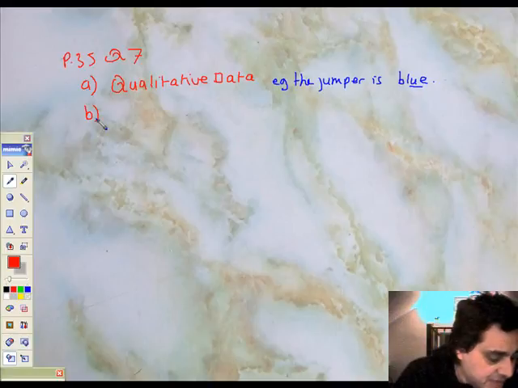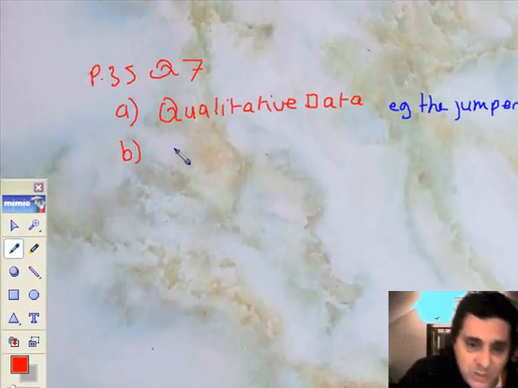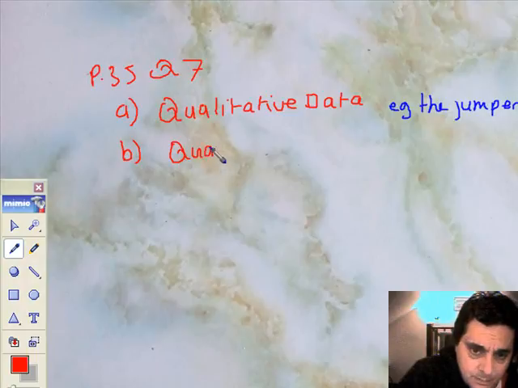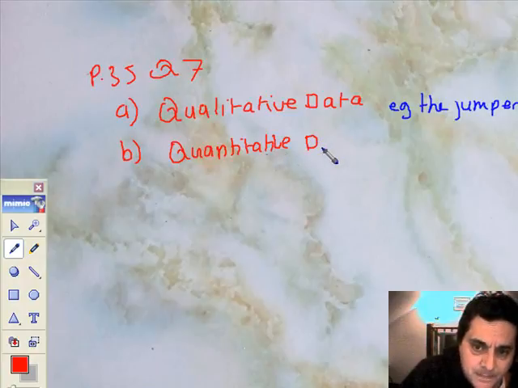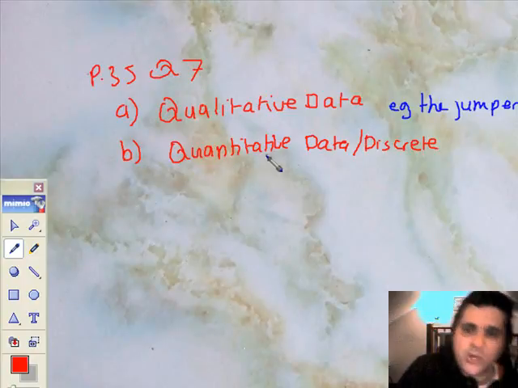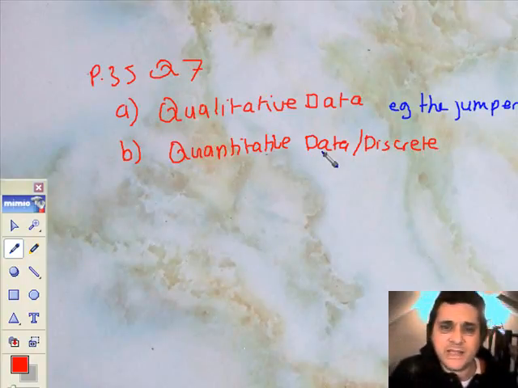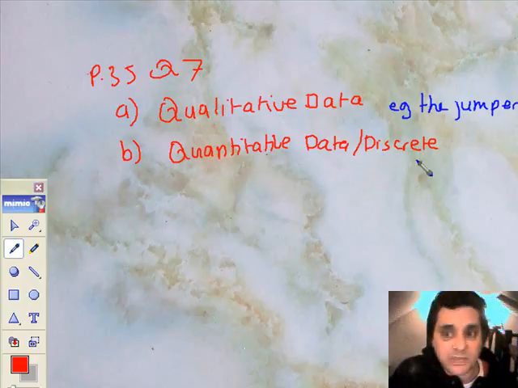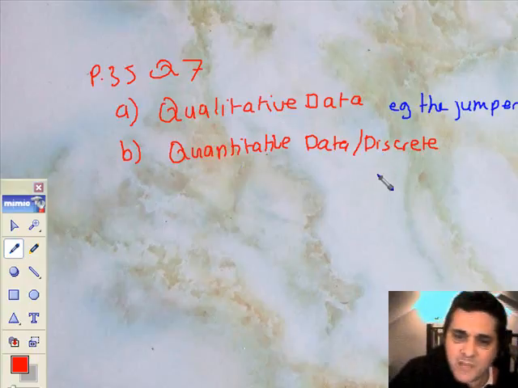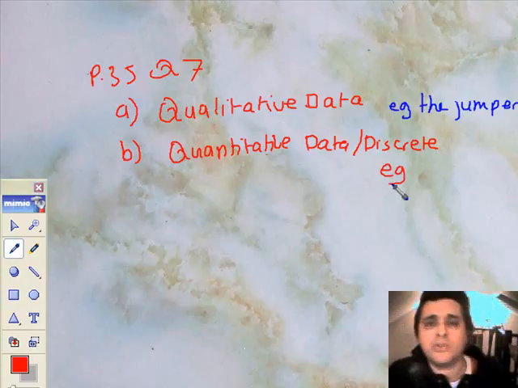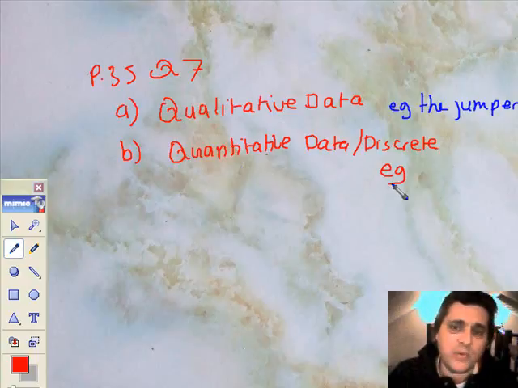7b now. I'll read it first. Quantitative discrete data about the football team that you support. Let's revise: quantitative is to do with numbers, and it must be discrete, so whole numbers. For example, my team scored 2 goals on Saturday, not 2.6 goals.